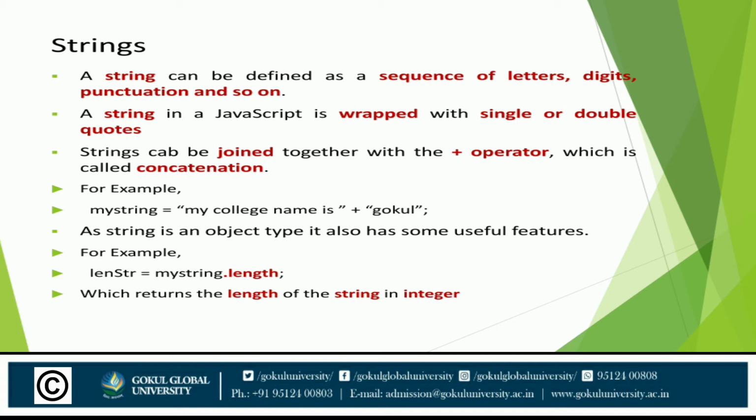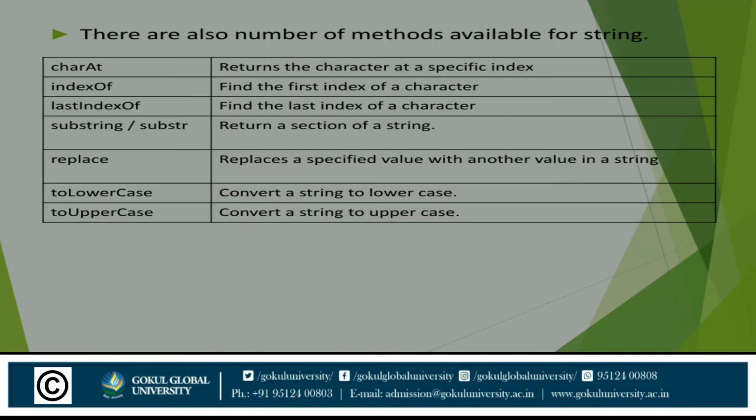As string is an object type, it also has some useful features. For example, if you want to see the length of string, then we are using the length: str is equal to my string dot length, which returns the length of the string in integer.